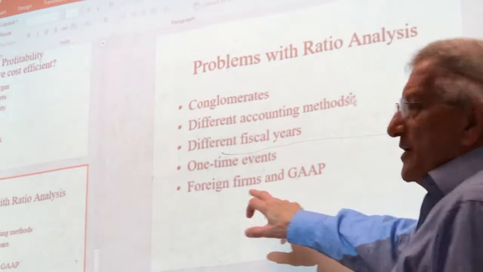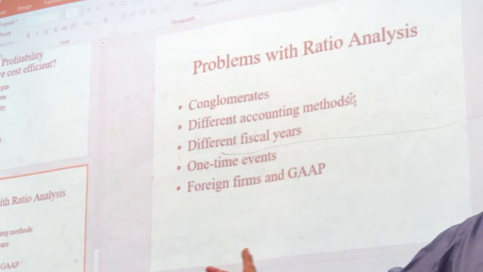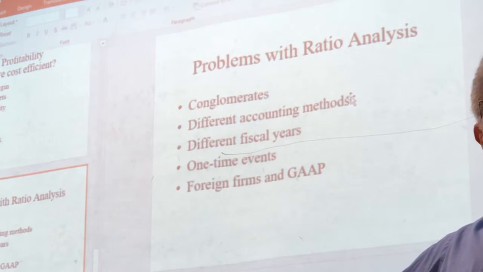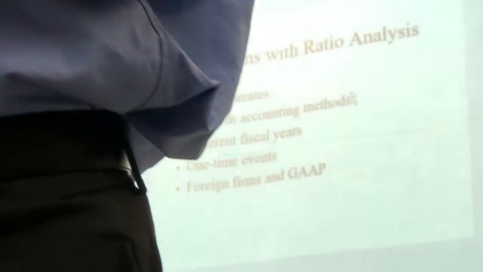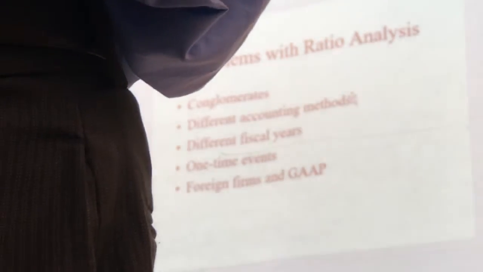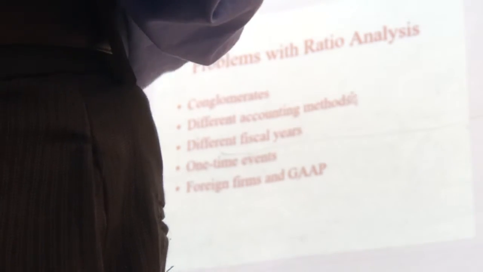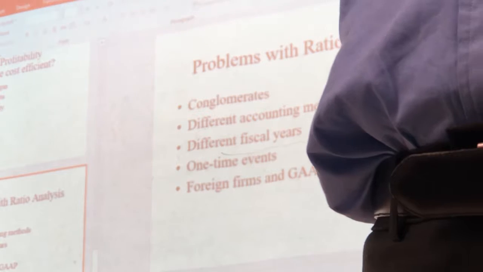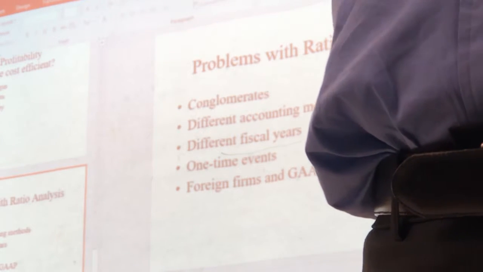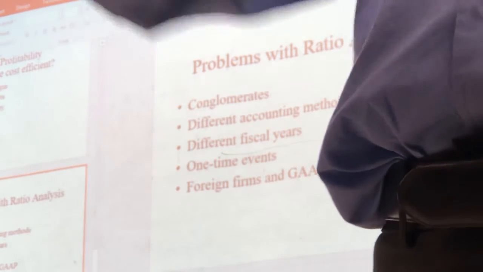And finally, Toyota is a foreign firm, so you cannot directly compare Toyota and Ford. Toyota prepares its financial statements using international standards, and Ford uses generally accepted accounting principles. I've been hearing that the American and international standards are soon going to merge, but it hasn't happened yet.